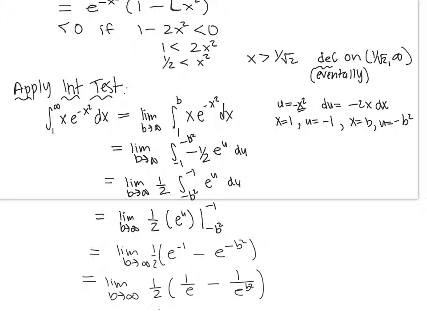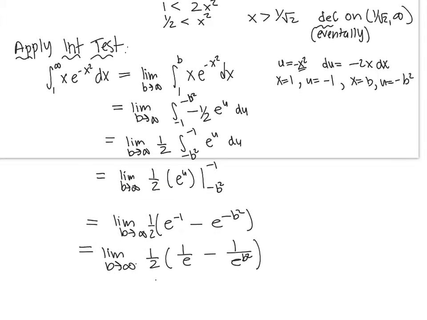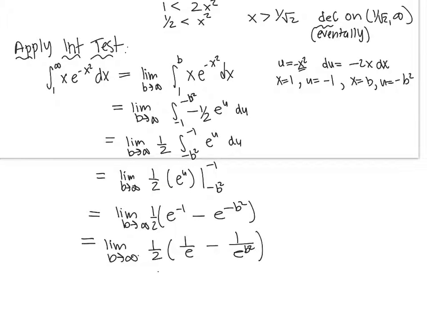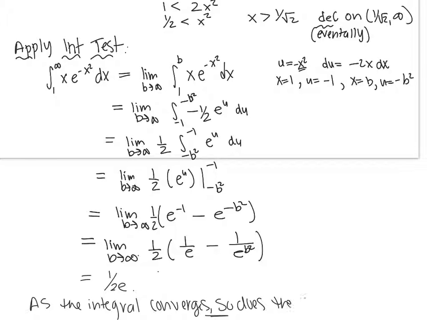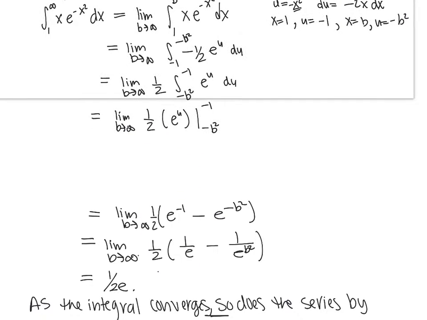Notice how as b goes to infinity, this second term will go to 0, so this will converge to 1 over 2e. And so your conclusion is, as the integral converges, so does the series by the integral test.